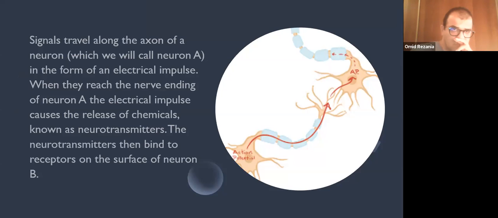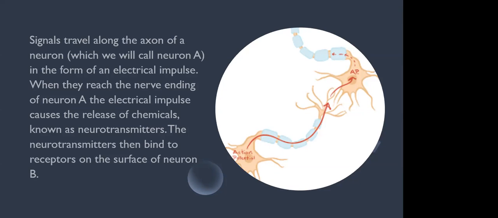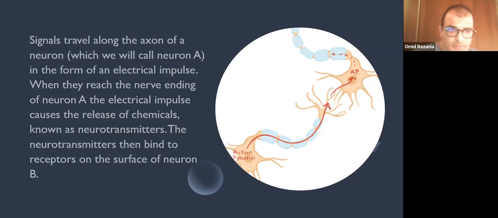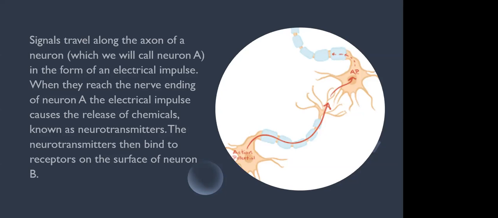When it reaches the neural end of the neuron, the electrical impulse causes the release of chemicals, known as neurotransmitters. The neurotransmitters then bind to receptors on the surface of neuron B.